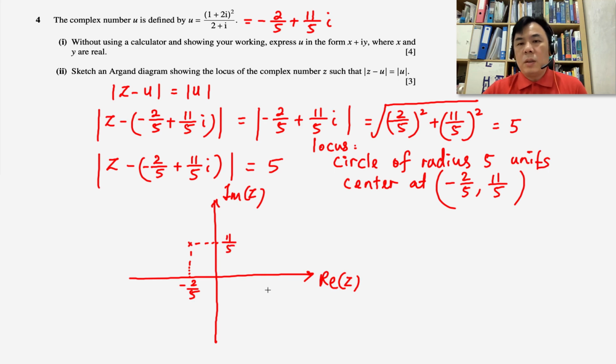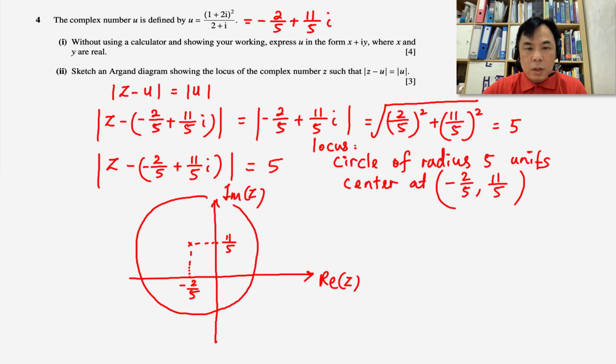This is the center of the circle. It has a radius of 5 units here. I just roughly sketch here because it's not very accurate. Generally, it will look something like this. So the center of the circle is over here. This is the locus represented by this complex equation here.